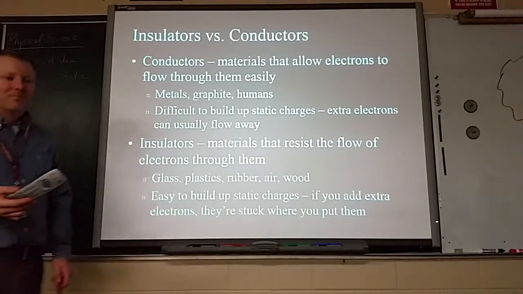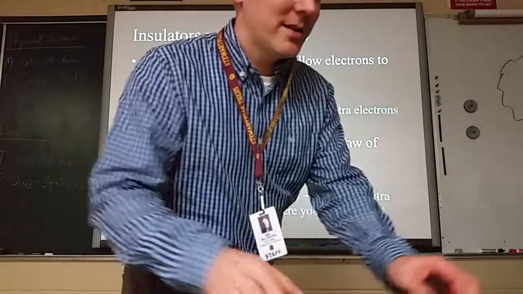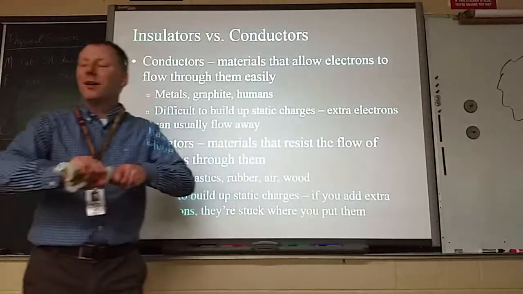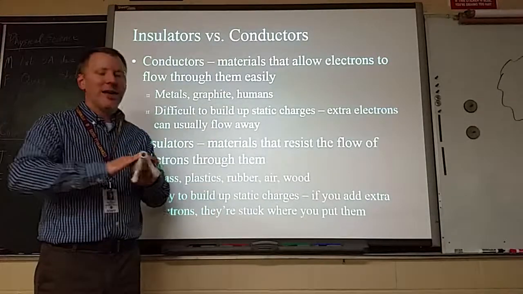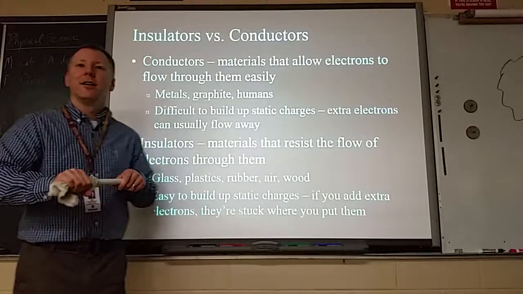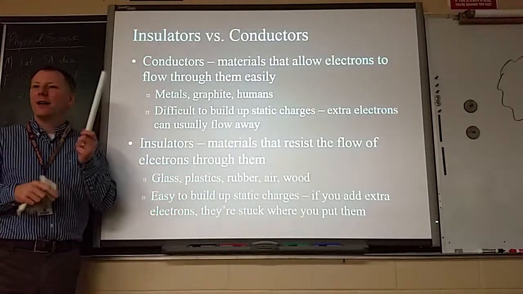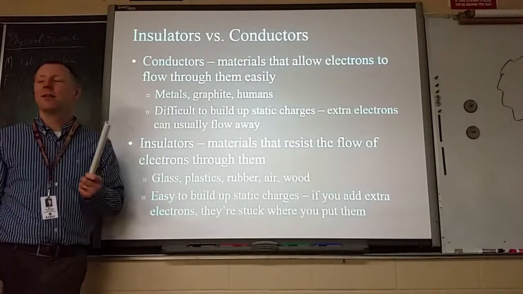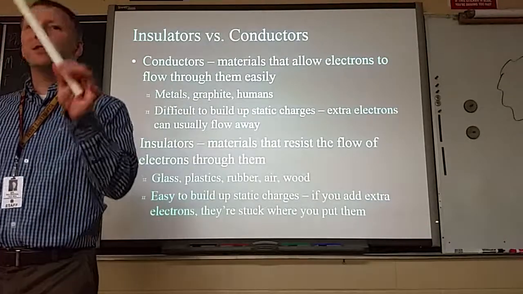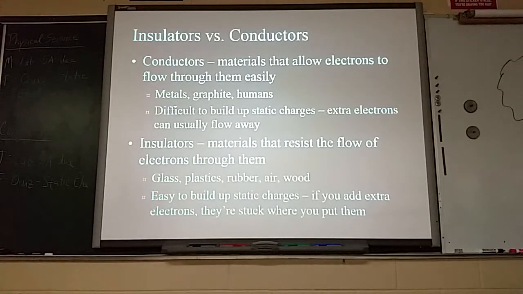Because of that, if I rub, say, this plastic with fur and transfer some electrons off of the fur onto the plastic, they tend to stay there. They can't flow away into my hand, and since they're surrounded by air, they don't flow away into the air very easily either. They tend to stay exactly where I put them because this is an insulator.